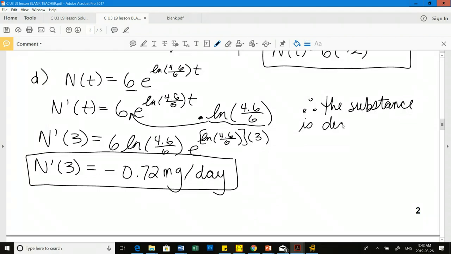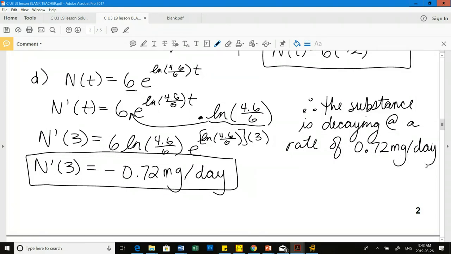The important part of this is that this is the instantaneous rate of change at 3 days. So I do need to say it's decaying at a rate of 0.72 milligrams per day at 3 days. Because that rate of change is actually going to change based on what point I'm finding the instantaneous rate of change at.